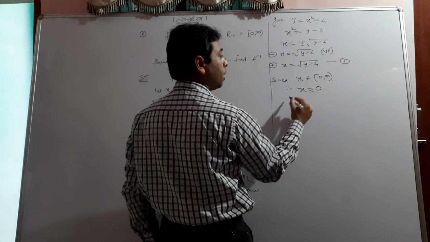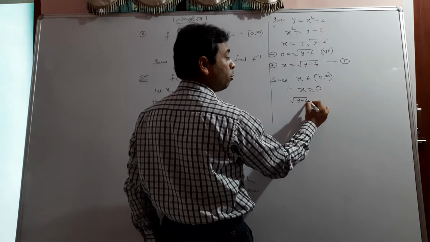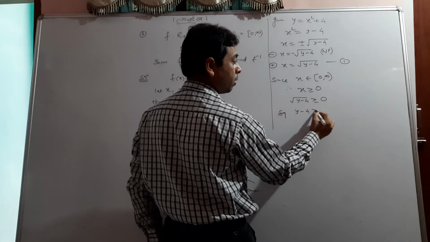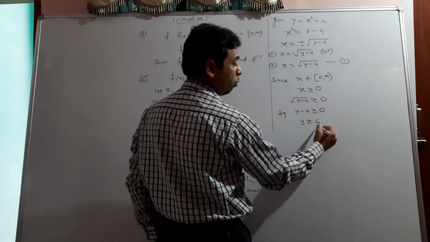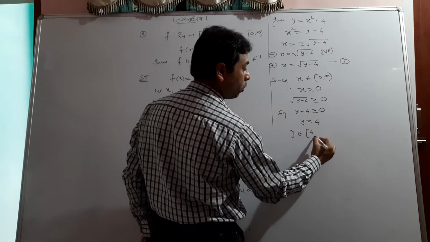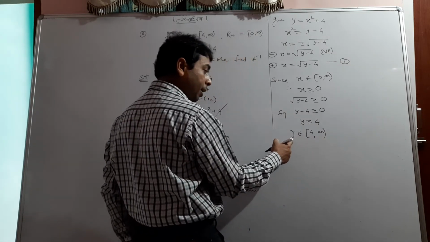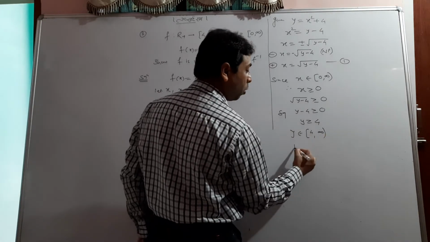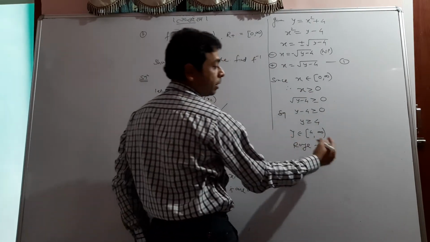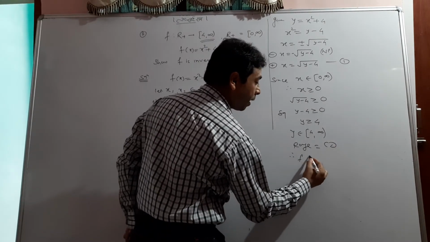So by 1, what is the value of x? Same as I did in the last question, squaring both sides. So y is greater than or equal to 4, meaning y is in [4, infinity). And that y is coming inside it, meaning it is the range. And range is equal to codomain, the same codomain, meaning f is onto.